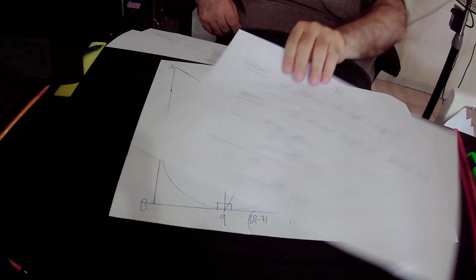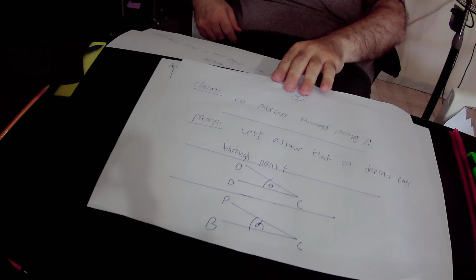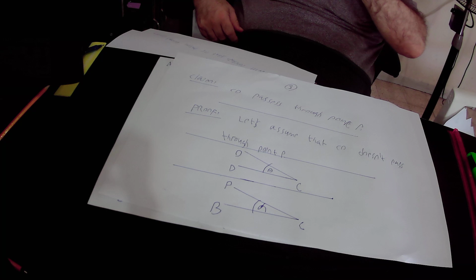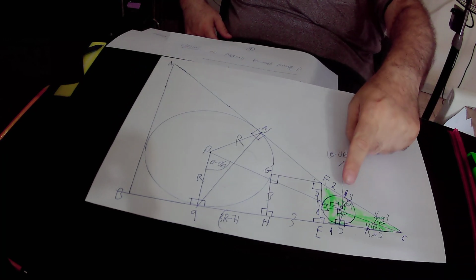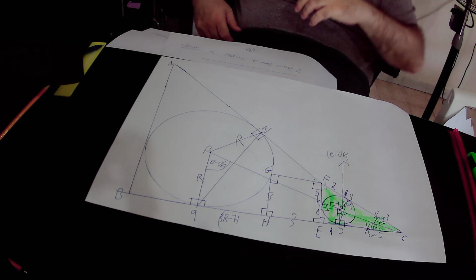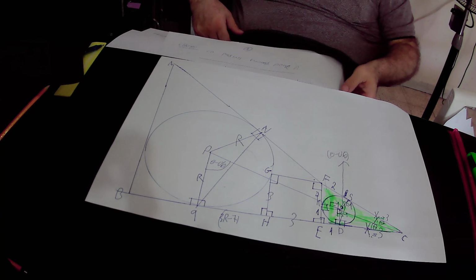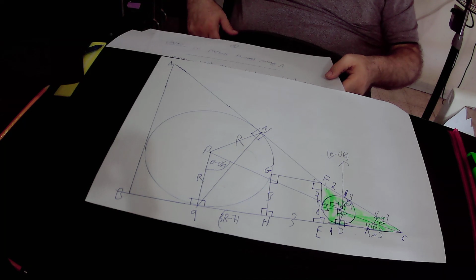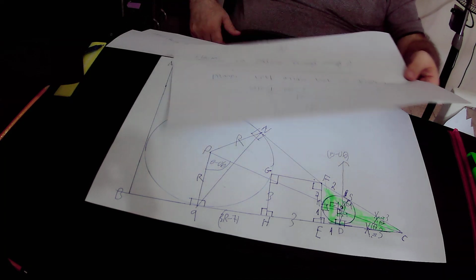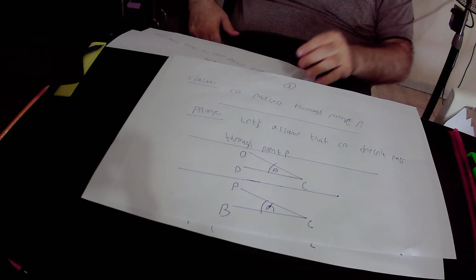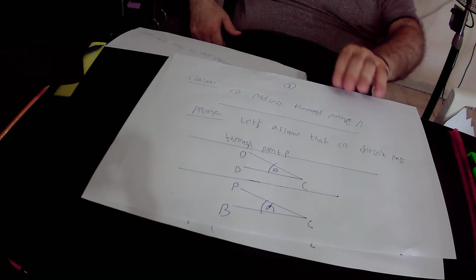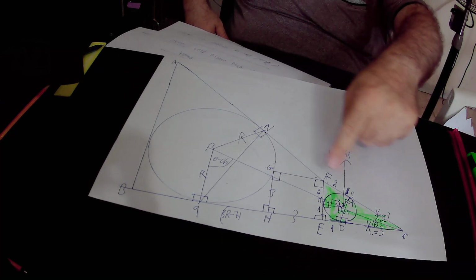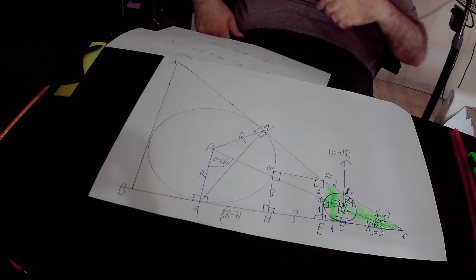Our claim is that CO passes through point P. That is to say, points C, O, and P are all located on the same straight line. And we proved it in a negative way. In a negative way, we assumed that CO doesn't pass through point P.